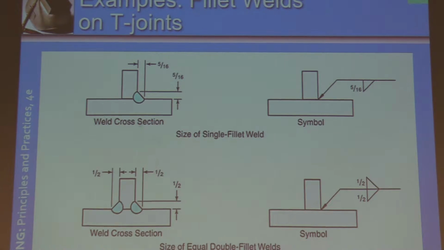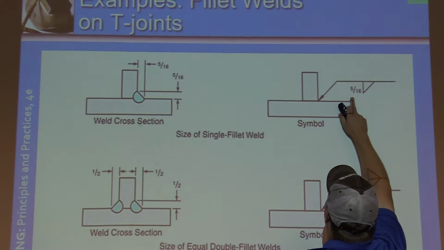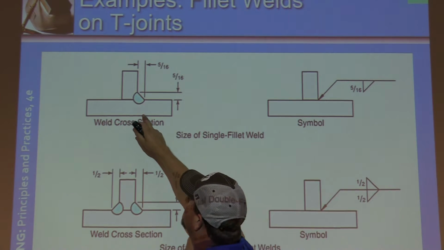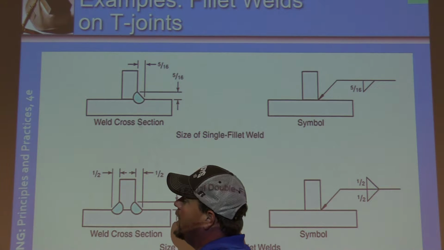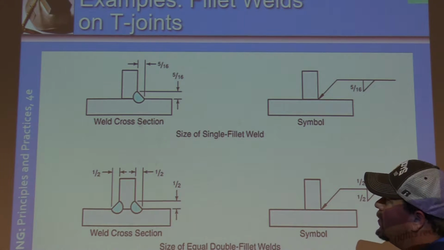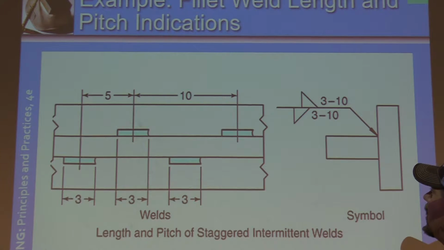So let's break down the fillet weld to start with. Okay? If you notice over here, 5/16 arrow side, 5/16 equal leg, 5/16 from here to here, here to here. And the fillet weld is measured by the largest isosceles triangle that will fit within the weld.